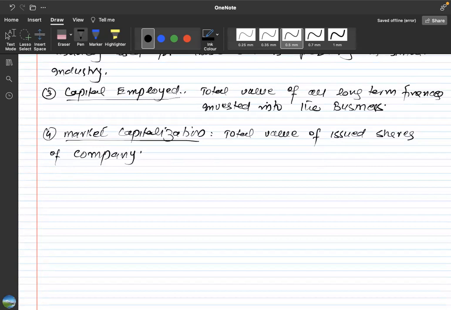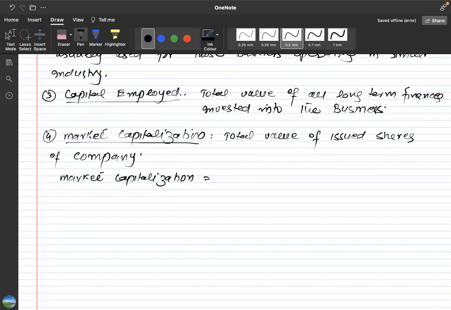That is called market capitalization, and market capitalization can be calculated by a formula: current share price multiplied by total number of shares.